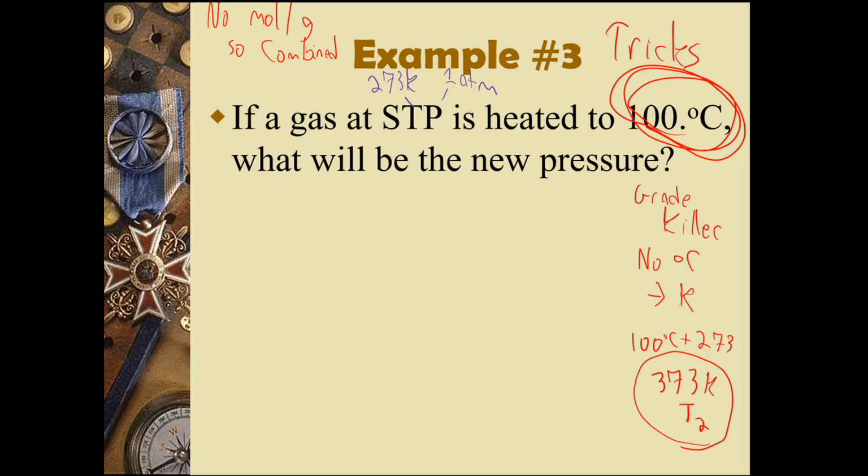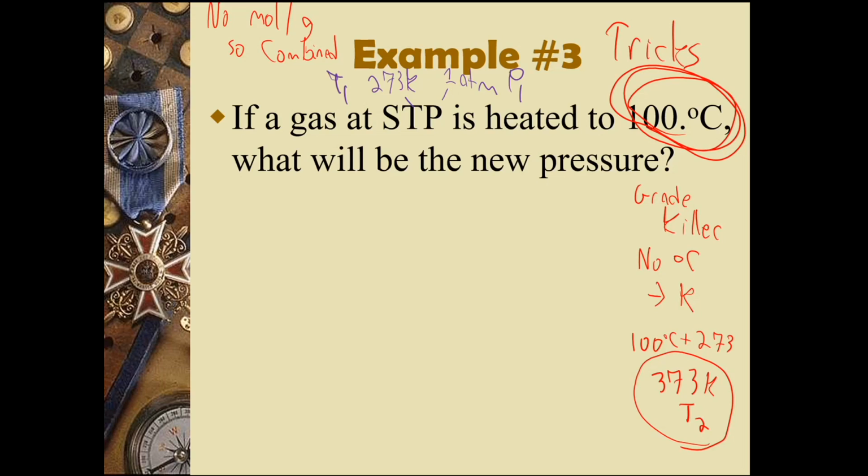So there are 2 numbers here that are hidden. If you don't know what you're looking for, you would miss it. When most people see this problem, they only see 1 number, but there's actually 3, because STP translates into those 2 numbers. This, by the way, is our T1 and our P1.